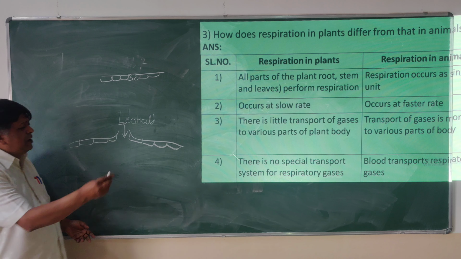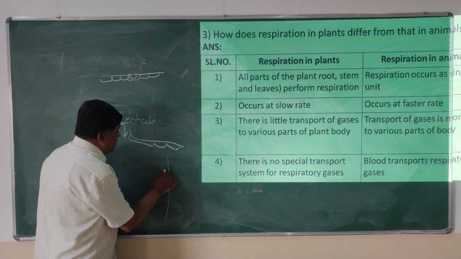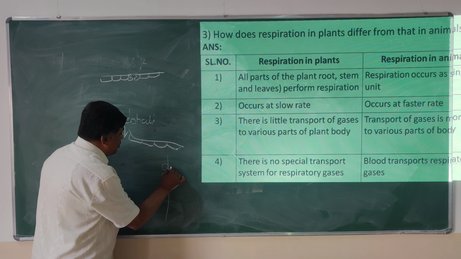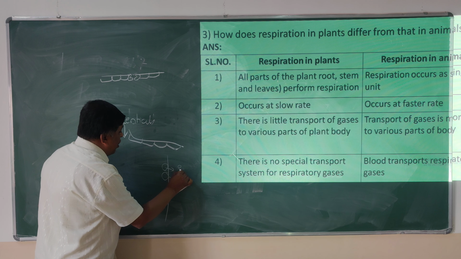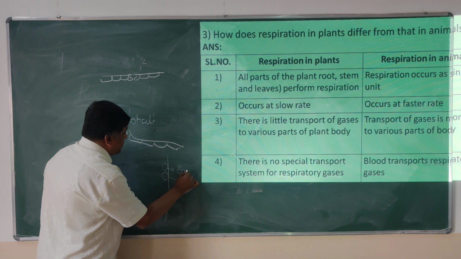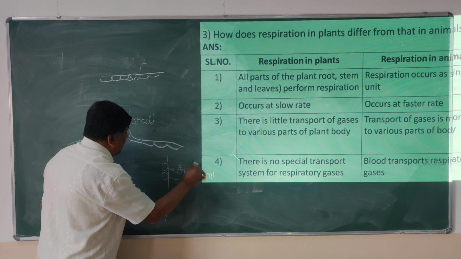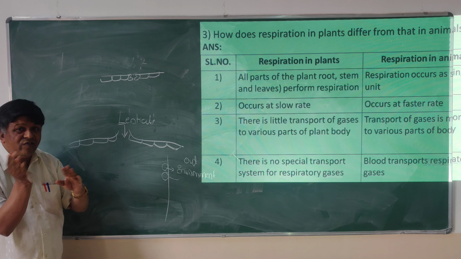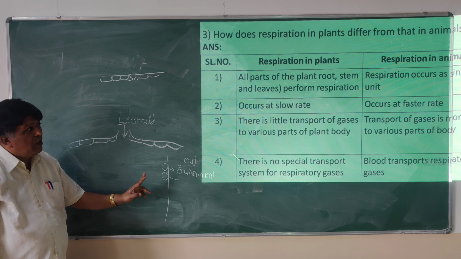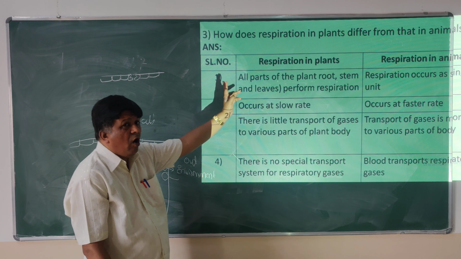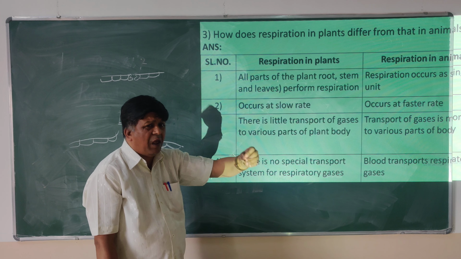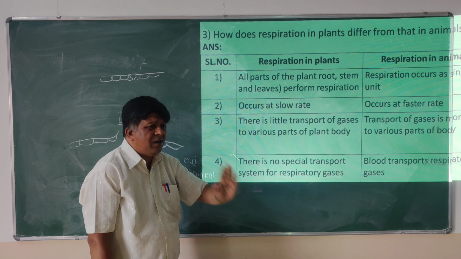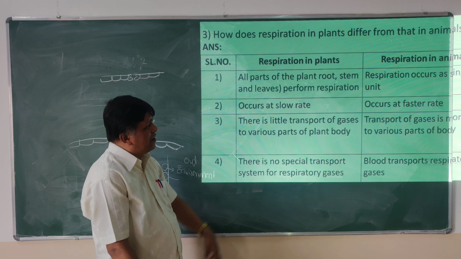Moreover, in plants almost all cells are in direct contact with the outer environment. Because of this direct contact, plants can easily exchange gases by diffusion. Whether it is root, stem or leaves, every part is in direct contact with the outer environment.